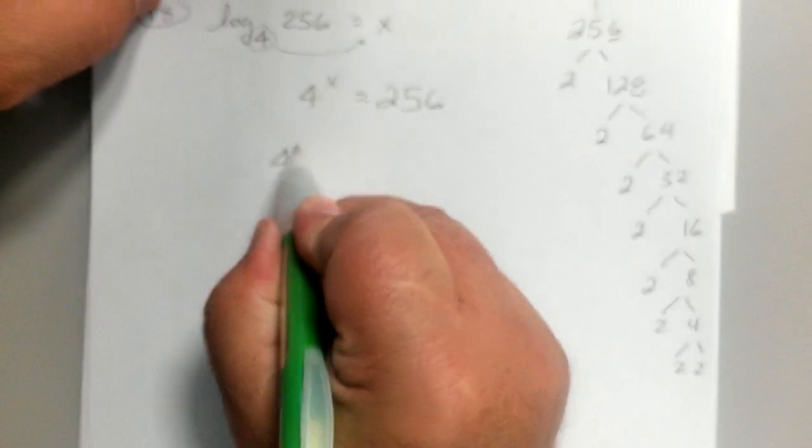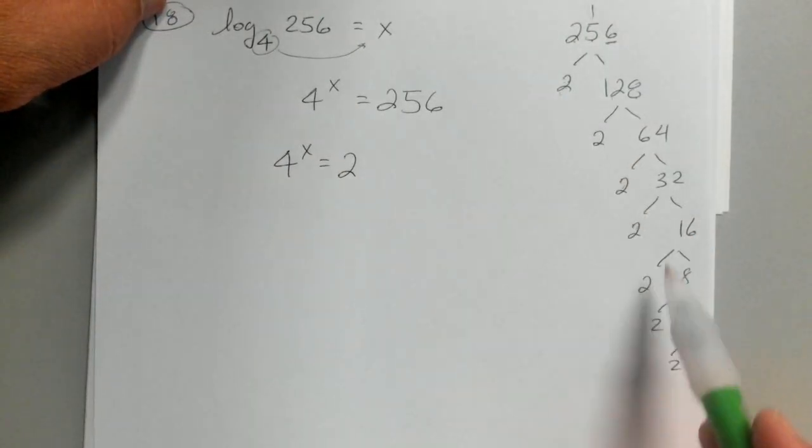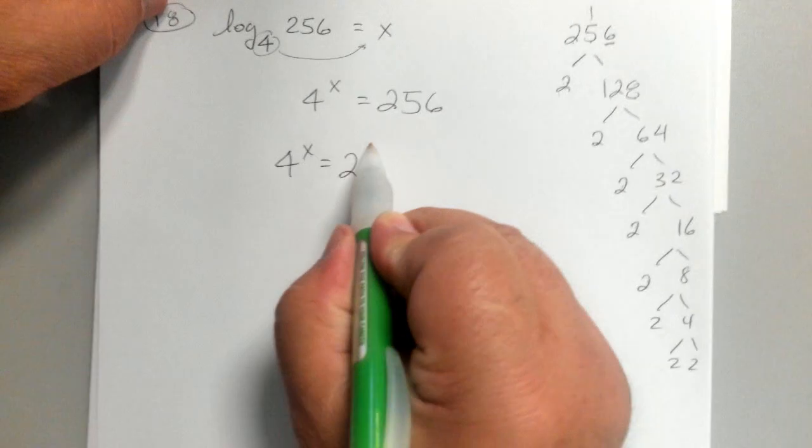So I prime factorize it, and 256 is 2 to the 8th.